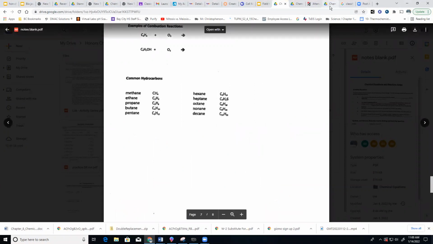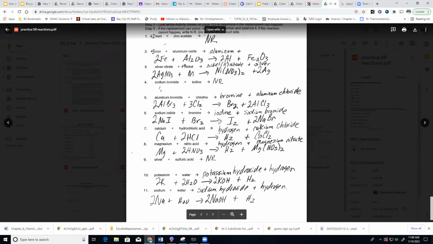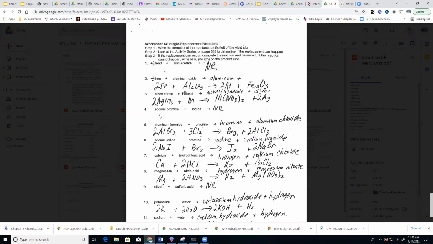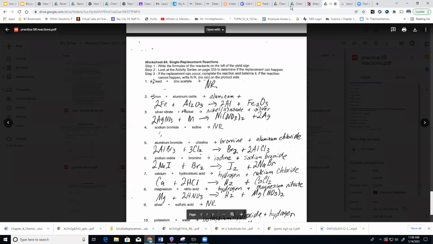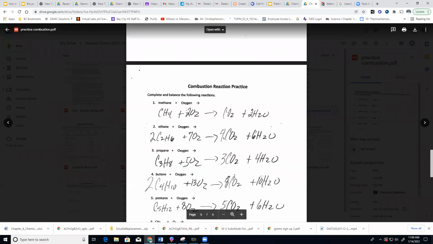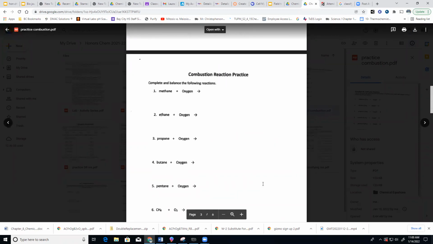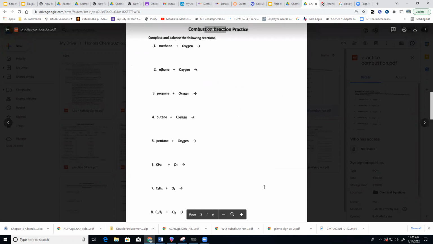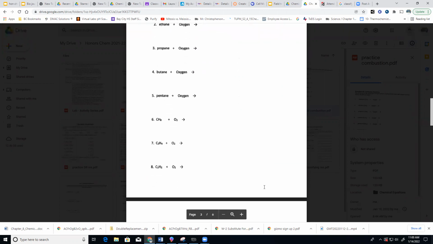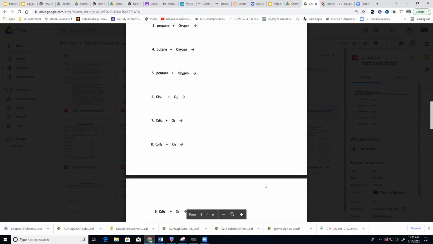These are on your practice. So if you'll go to your practice, it's kind of toward the last. I think it may be the last practice, last page of practice.